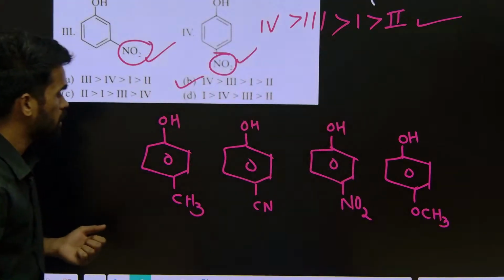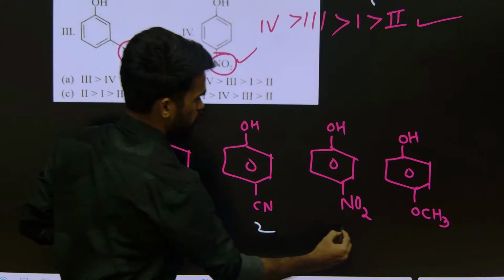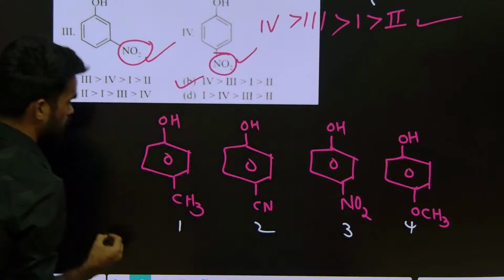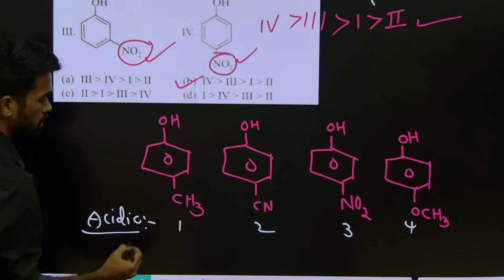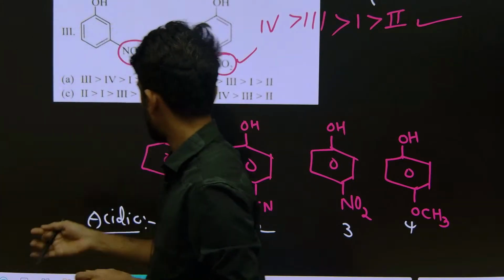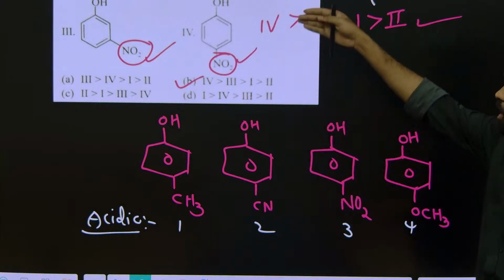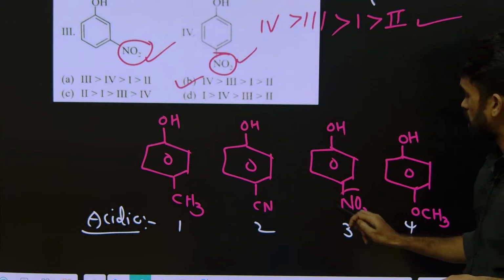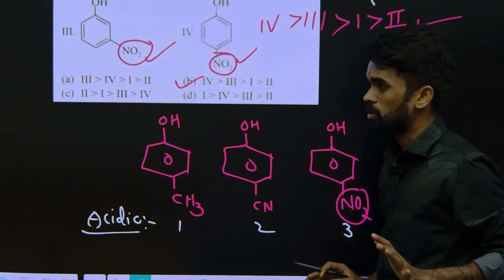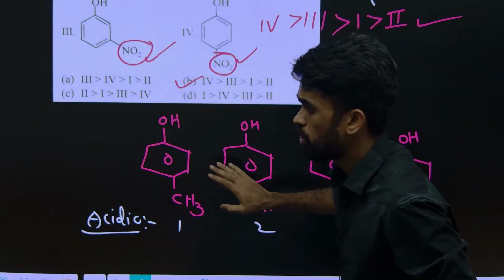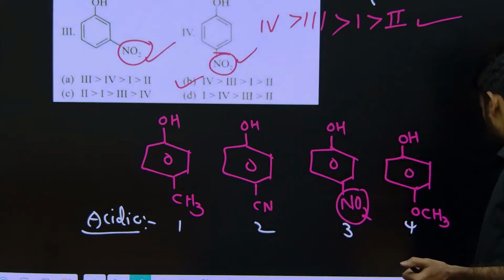Can you answer me? Consider 1, 2, 3, 4 and write their acidic nature in the comment box. Anyone can answer me. What's your answer in the chat box, by looking at this example as above. Just see what the nature of the substituents attached is. If you know that, you can easily answer, okay, right. So I hope you will answer this in the chat box now.